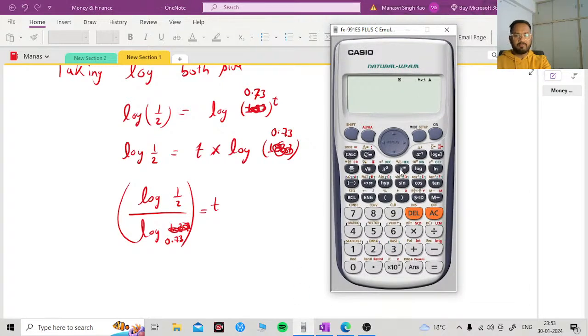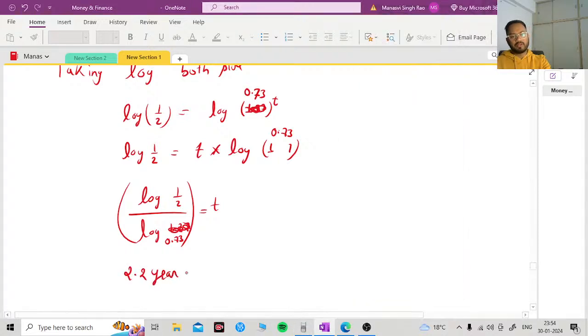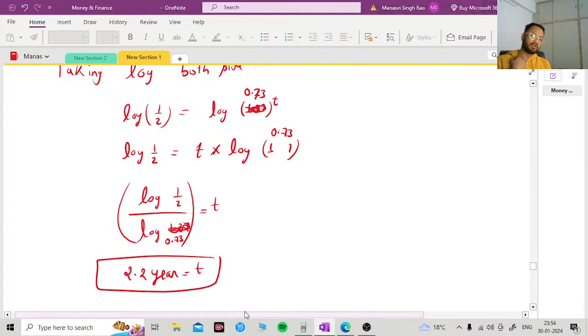So log half, log 0.5 divided by log 0.73. By that way, yes, we are getting the positive value 2.2 years. Yes, exactly right. 2.2 years is equal to time, or we can consider it 3 years, or you can write 2.2.